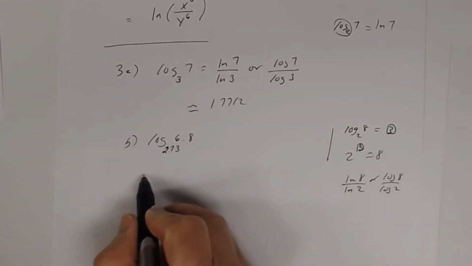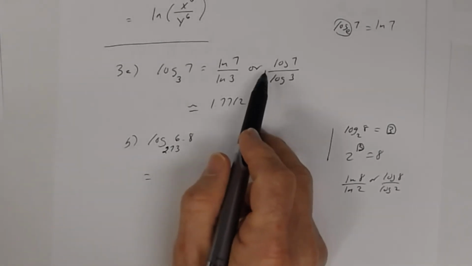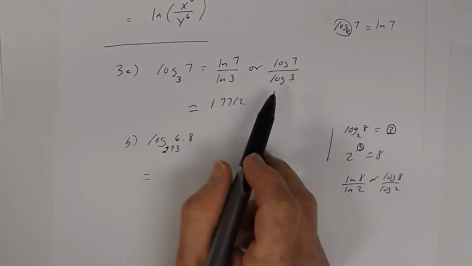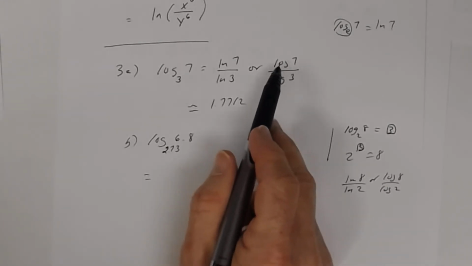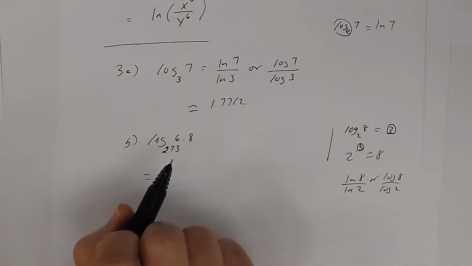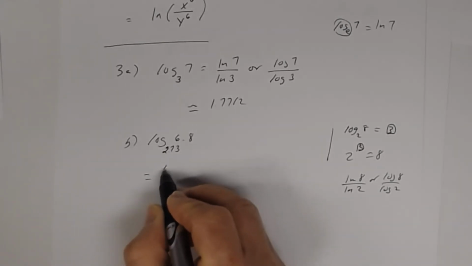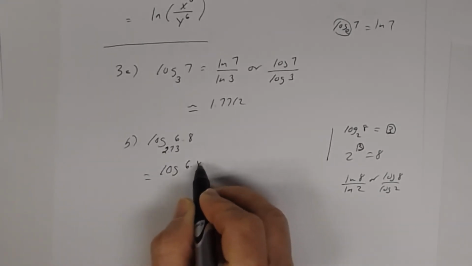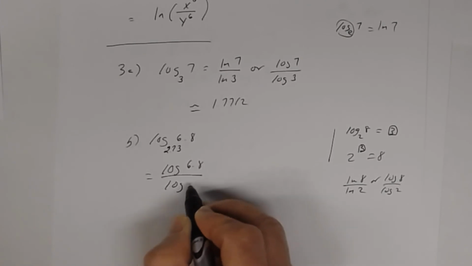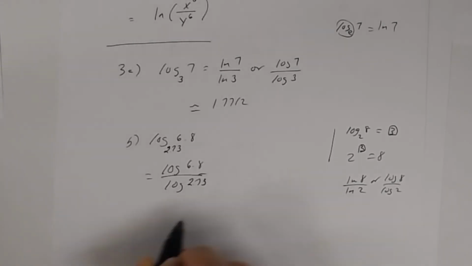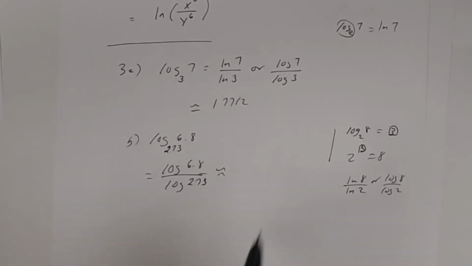According to the base change formula, I'm going to stay with the common logarithm. So I'm going to get the log of 6.8 divided by the log of 2.73. Now, using your calculator, always remember you have to use parentheses.